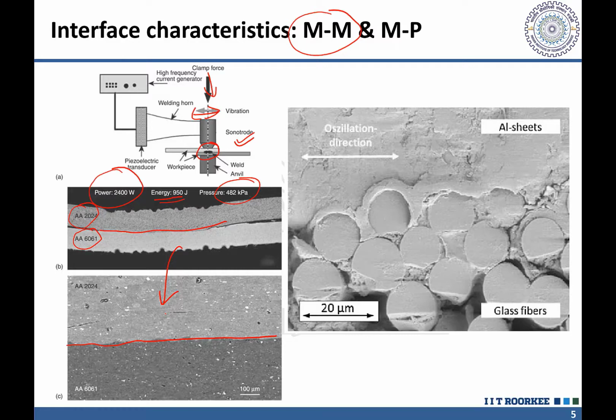If we take the example of metal and polymer joining, the metal by and large remains stable, but the polymer, being of low melting point, gets melted in the process of joining, and this is what we see here, that the joint between the aluminum sheet and the polymeric material, a composite material, is developed.